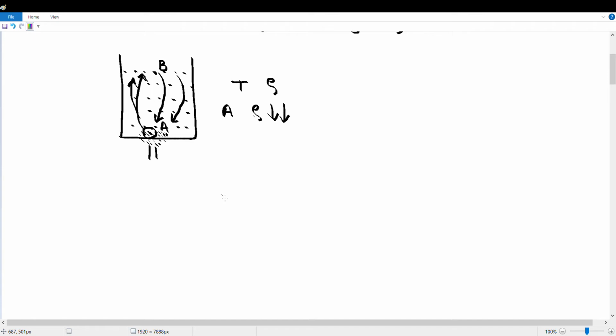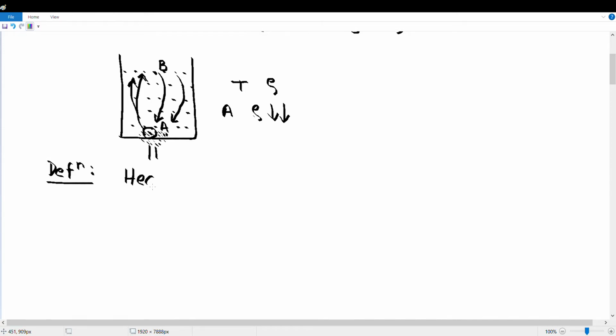Such a process is known as convection. In this, there is actual bodily movement of molecules. Now, let us see the definition of convection. What is convection? It is a mode of transfer of heat. In this also, heat is transferred from one point to another.